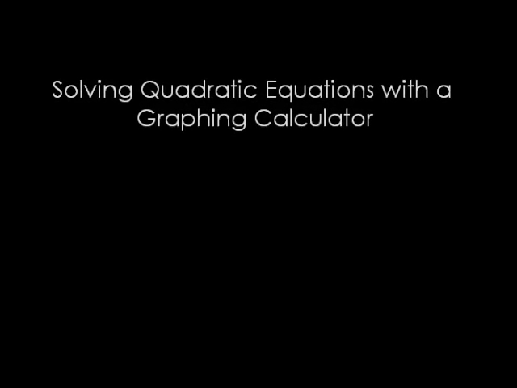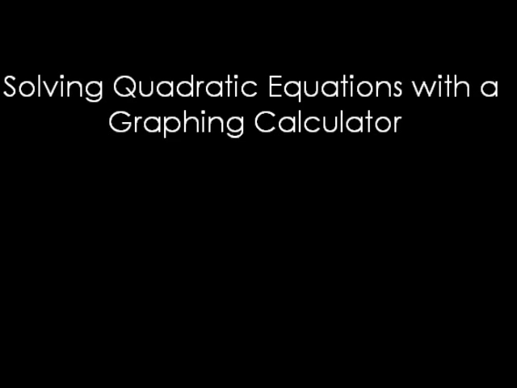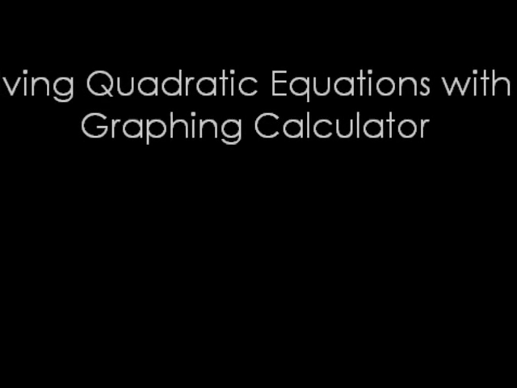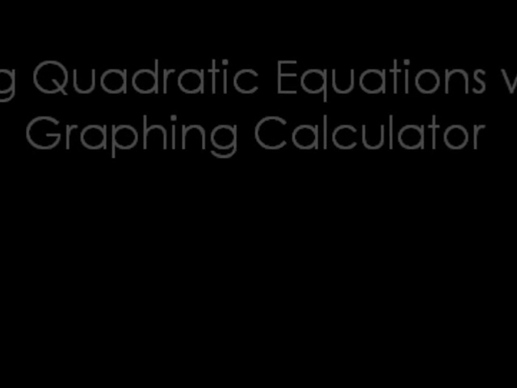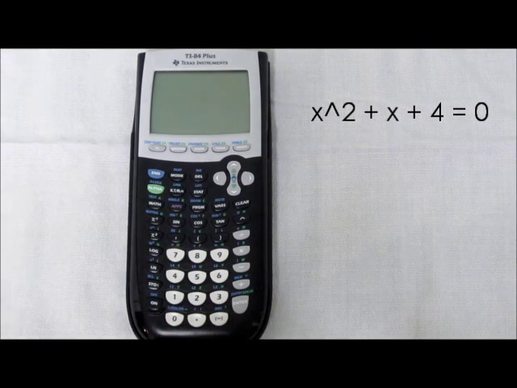Now that we've reviewed the 3 basic types of quadratic equations and some of their algebraic properties, we're going to look at how to solve quadratic equations using a TI graphing calculator. This can be particularly useful for equations with non-integer constants. Our first example is x squared plus x plus 4 equals 0.